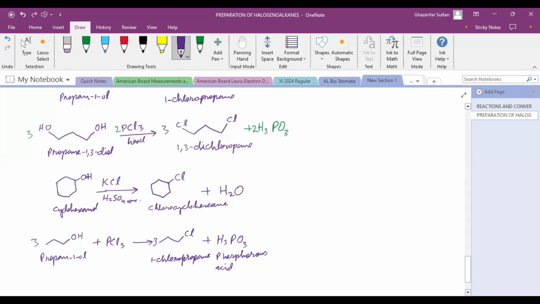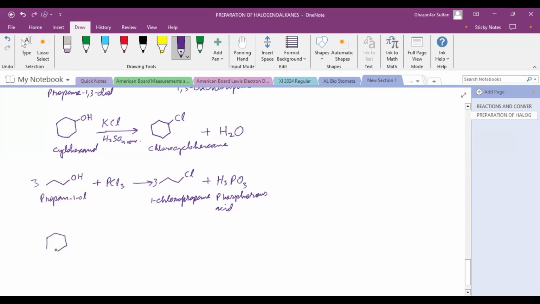So H2O is formed from there and halogen is substituted over there, while the potassium forms potassium sulfate with sulfuric acid. In organic chemistry, we deal with the organic compounds only, so we can ignore the byproducts obtained over there.